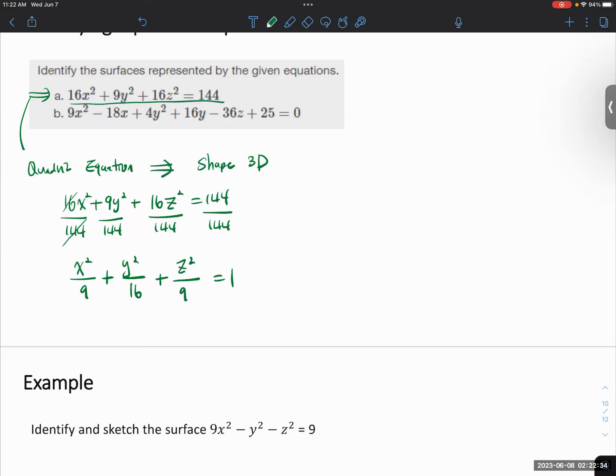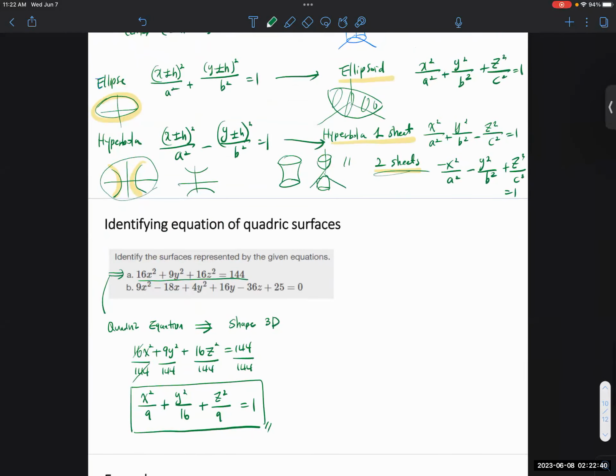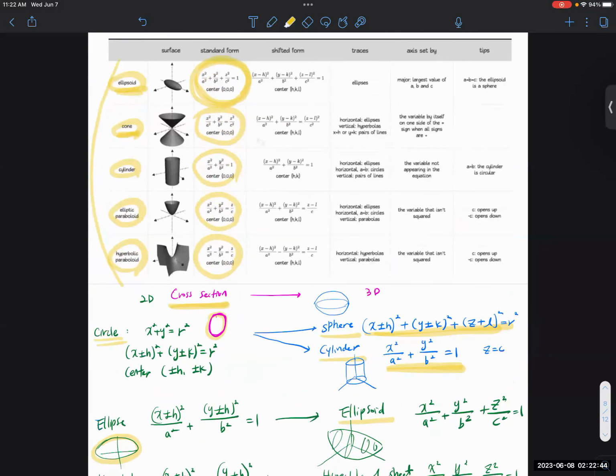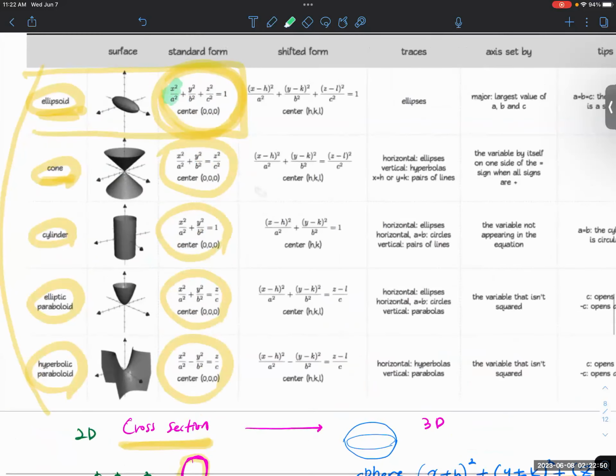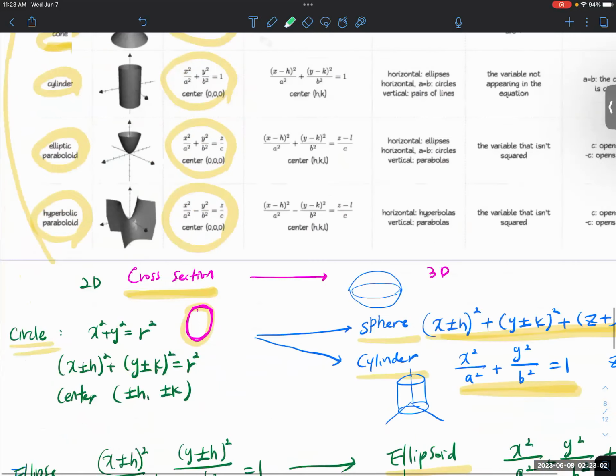So I found this equation, and let's find out what this equation means in the table. We have x, y, z, and that is equal to 1. So this equation, you see that? When you look at x squared divided by a squared, y squared divided by b squared, whatever, equal to 1. This is the only case where you find one with 3 variables x, y, z. So this is going to be the ellipsoid.